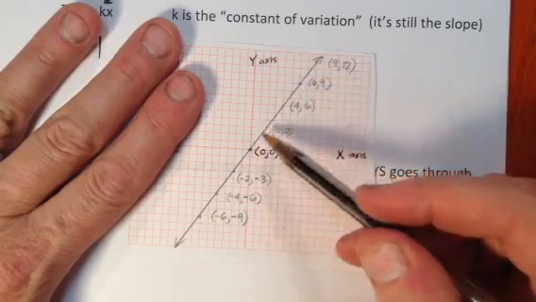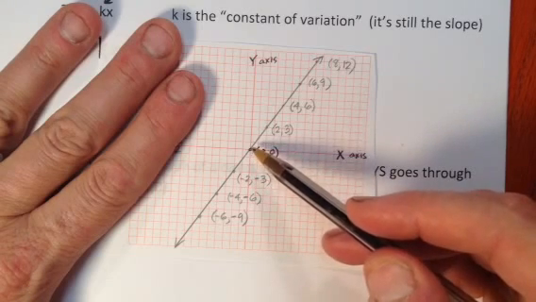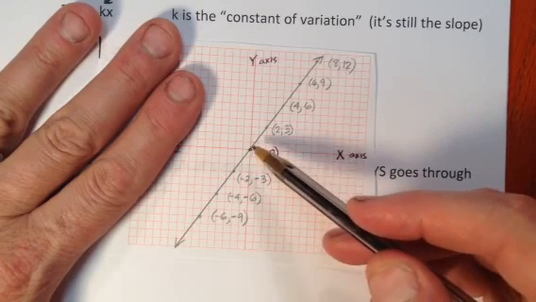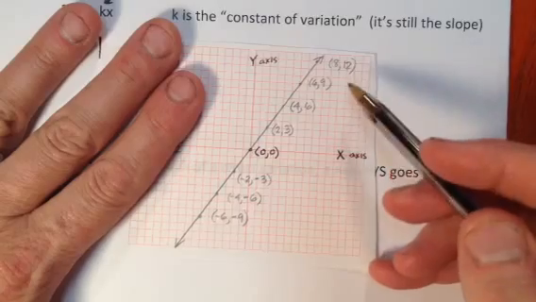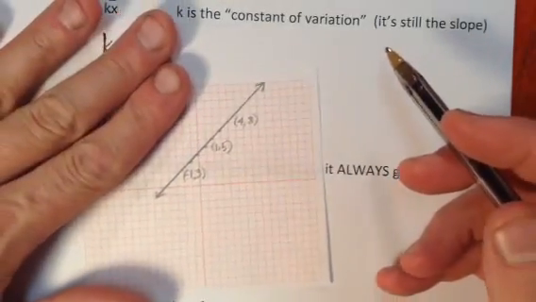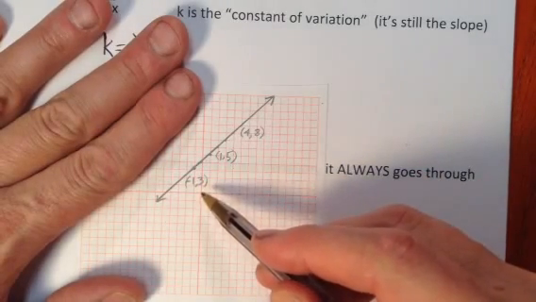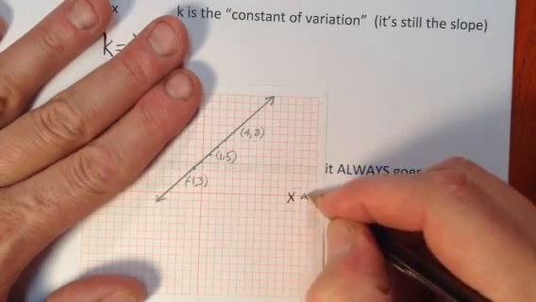This is just one direct variation. There are a whole bunch more, but if the line goes through the origin, it is a direct variation. It's a dead giveaway every time. Now, here's an example. Do you think this one is a direct variation? Oh, of course not. The origin's right here. Here's my x-axis.